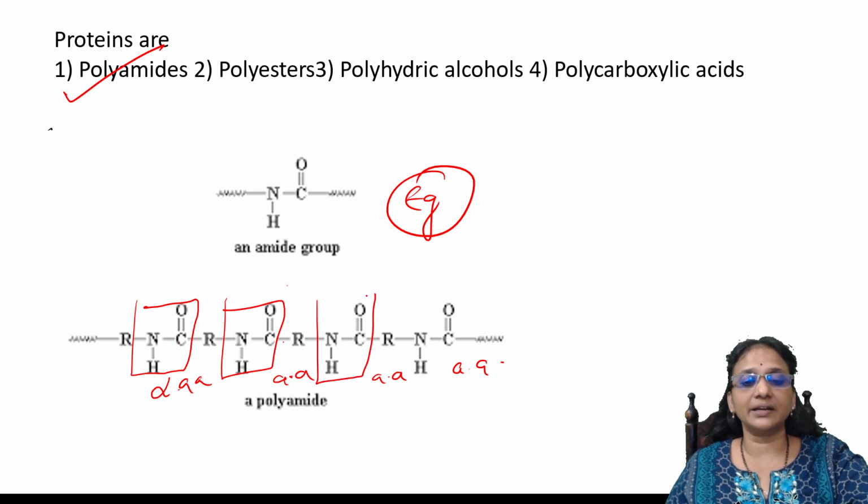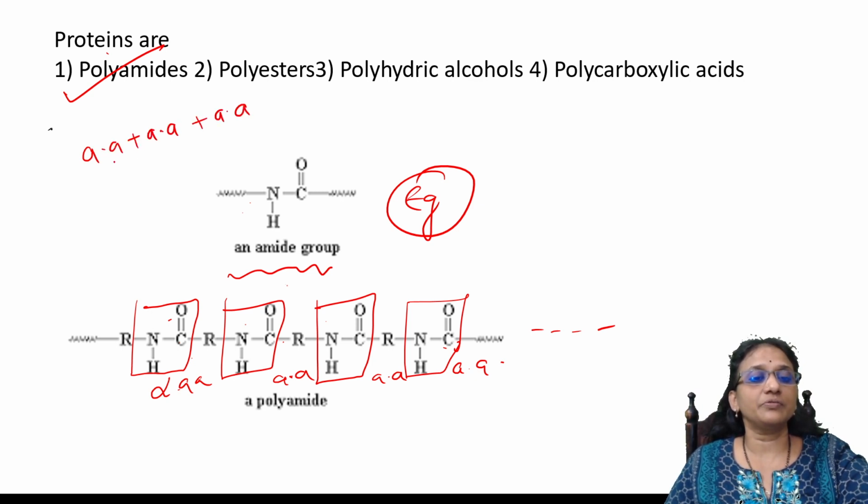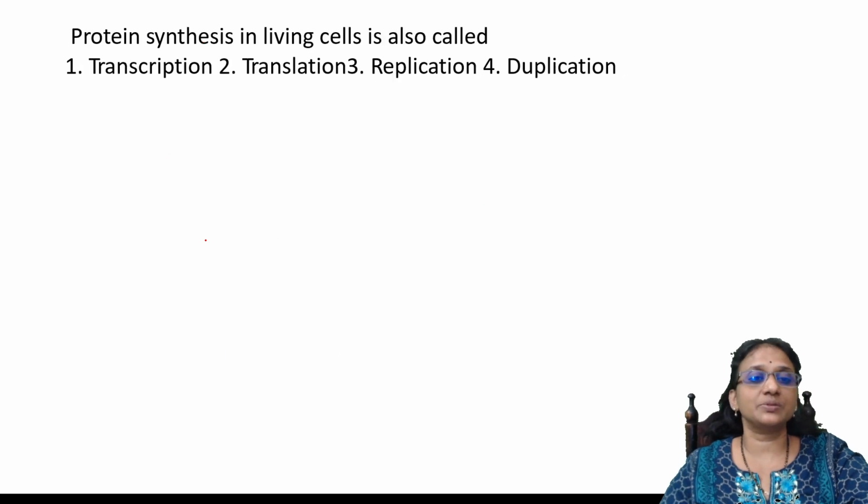Like that, 1, 2, 3, 4, you'll be getting amides. So it is nothing but a polyamide group. Amino acids combine in a sequence, and they form amide linkage. That's nothing but polyamide.